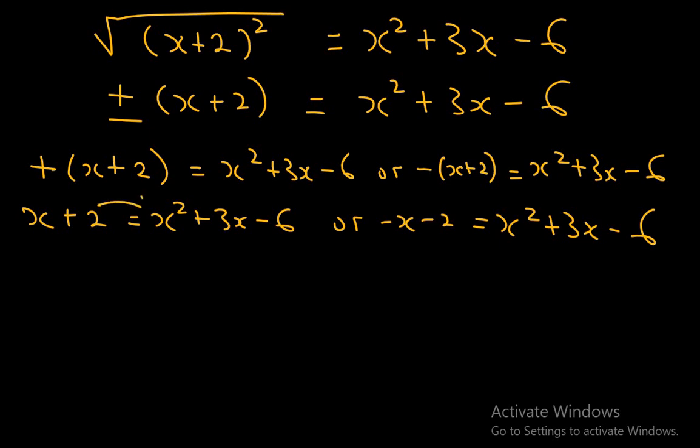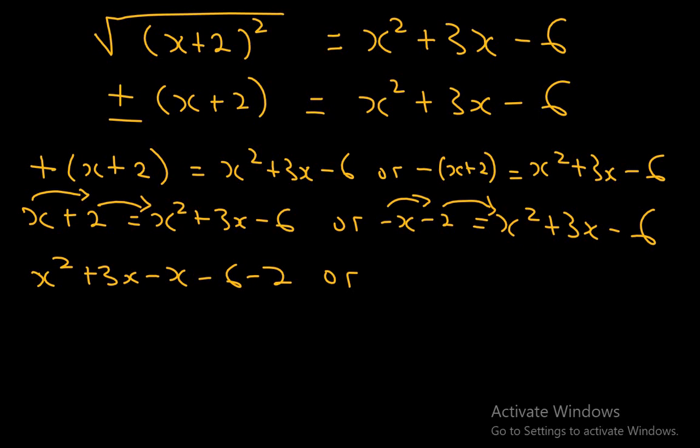Then taking positive 2 and also positive x to the other side will lead to an expression like this: x squared plus 3x minus x minus 6 minus 2. And here, you do the same thing. Take minus 2 and minus x to the other side.